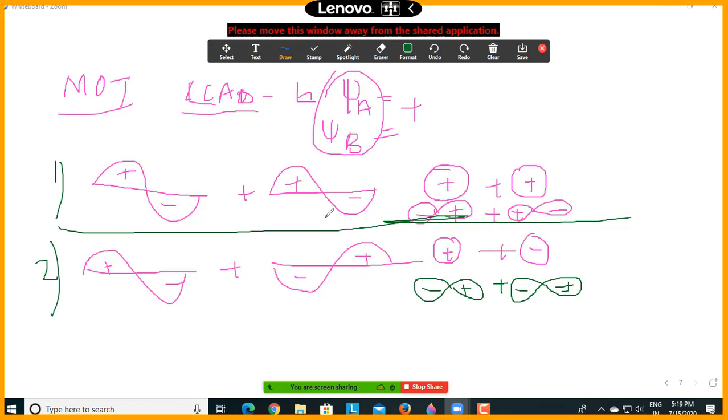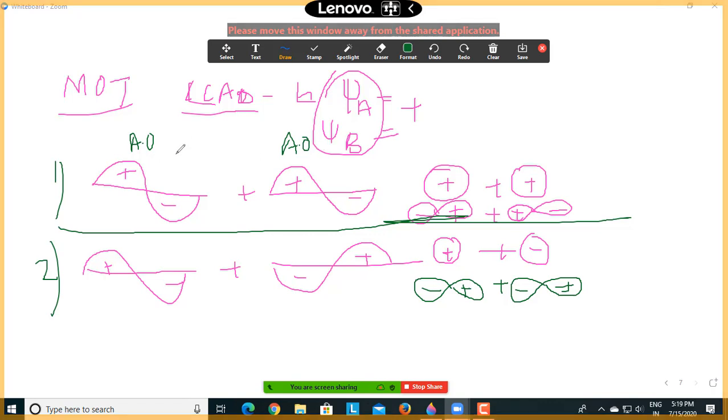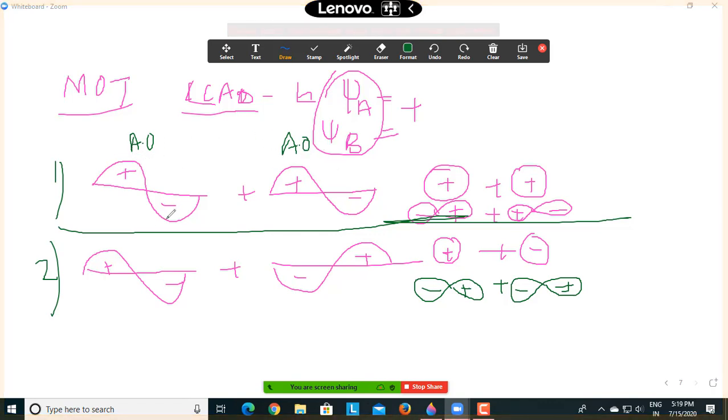When they mix, after mixing the shape of the orbital will be different, because when atomic orbitals mix, this is an atomic orbital, this is another atomic orbital. These two atomic orbitals, of the same atom or different atoms, are possible.